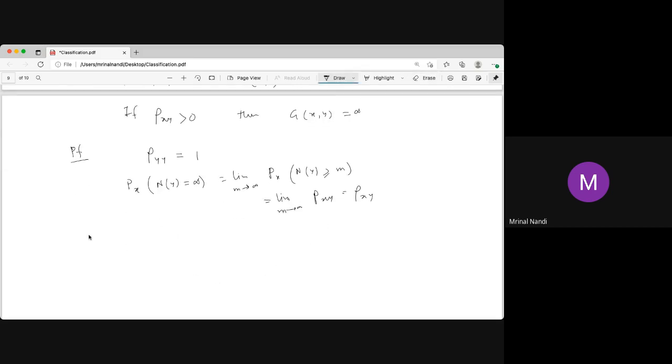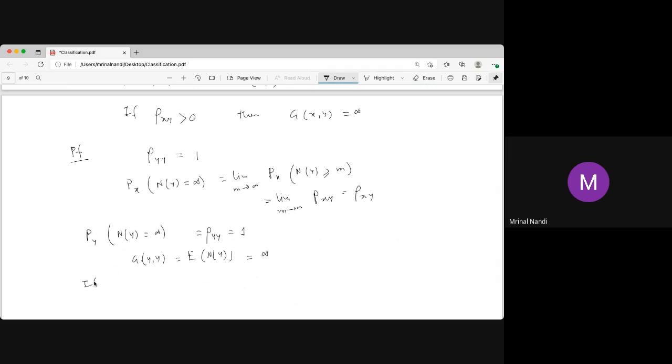Now what is the probability, starting from y, that N_y will be infinity? That is rho_yy, and it is 1. You got this? Now what is G_yy? G_yy is the expected value of N_y. Now N_y is infinity with probability 1, so this is then infinity.